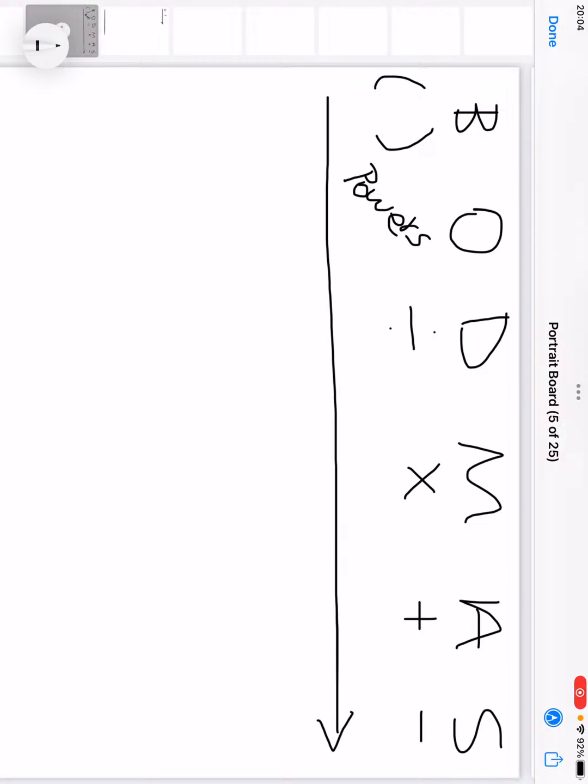The best way for you to understand it is if we go through some examples. So example number 1, let's say we have something like 6 plus 4 multiplied by 5.